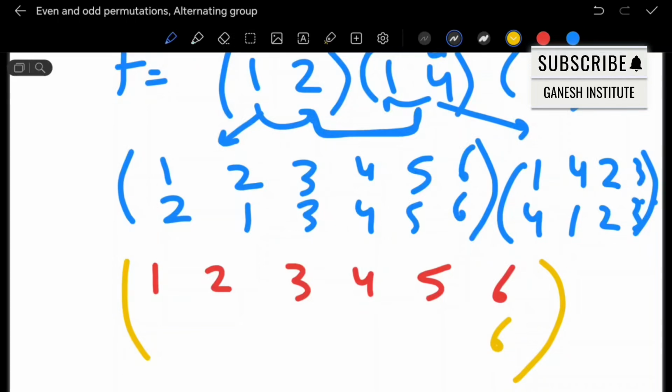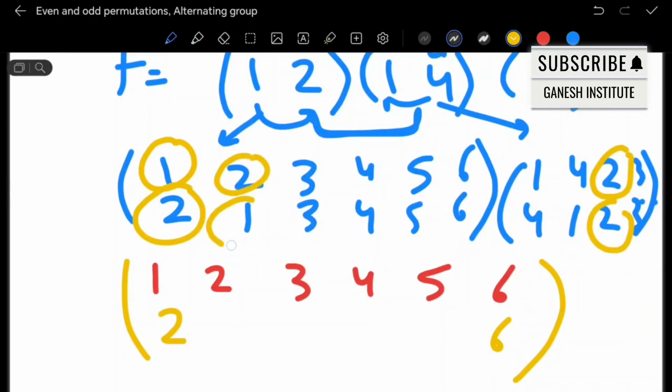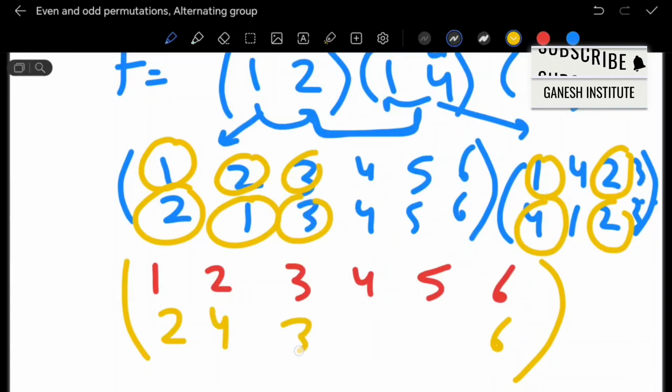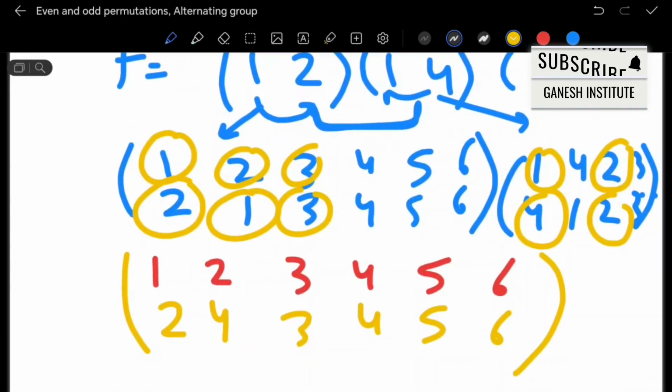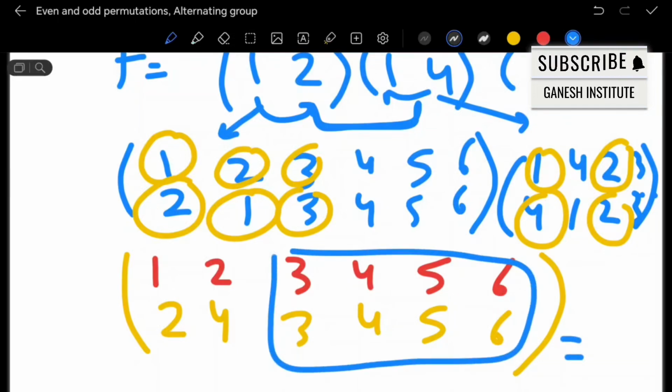Now let's find the others. 1 is connected by 2, but here 2 is connected by 2. 2 is connected by 1, but here 1 is connected by 4. 3 is connected by 3 only, 4 is connected by 4, and 5 with 5, correct? So ultimately, can I write it as (1 2 4)?